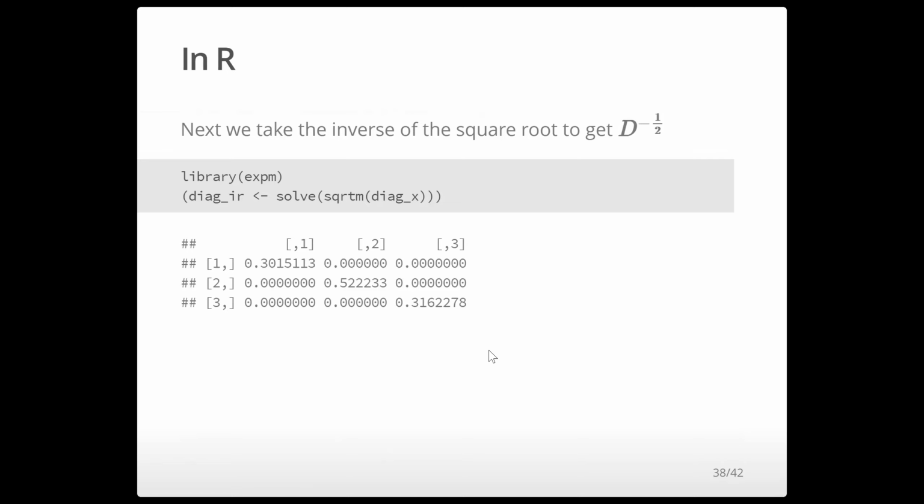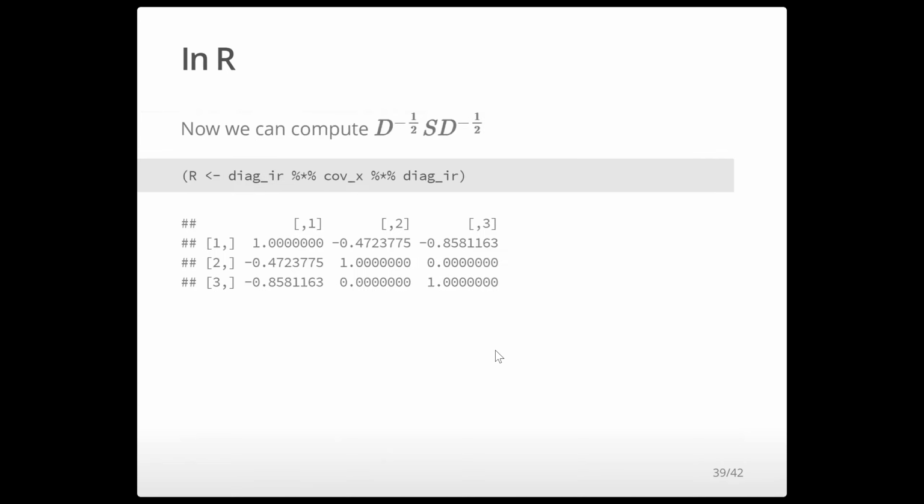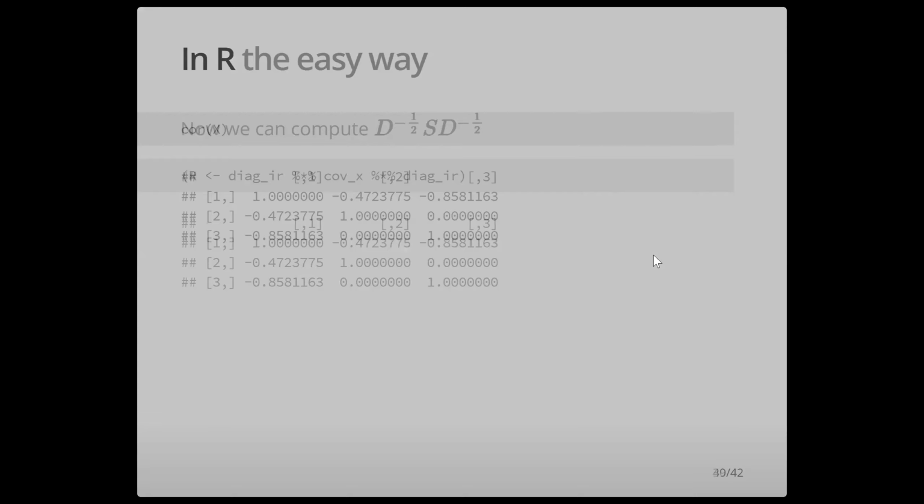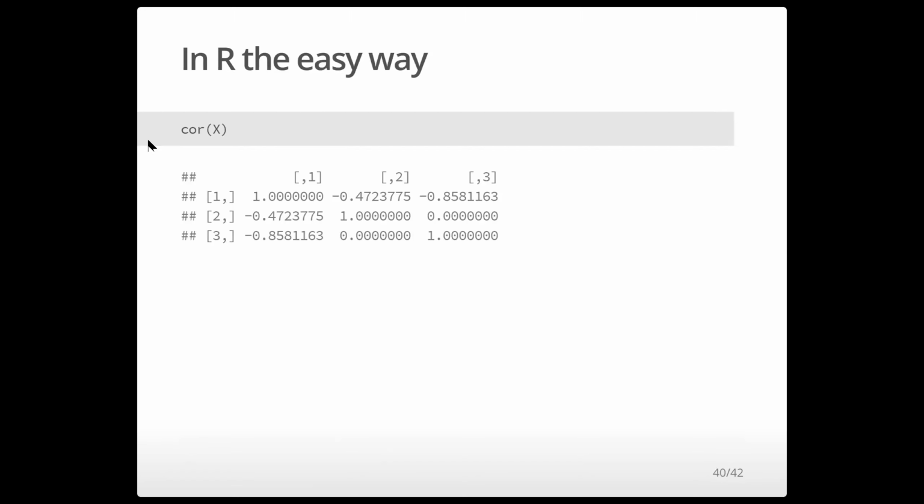This is the standard deviations on the diagonal. And then I'm going to multiply it by the covariance matrix, and then multiply it again by the inverse root diagonal. And you see that gives us our correlation matrix. And of course, we can always check this by taking the cor function of our original X matrix, and we see that it matches up. We get the same result.